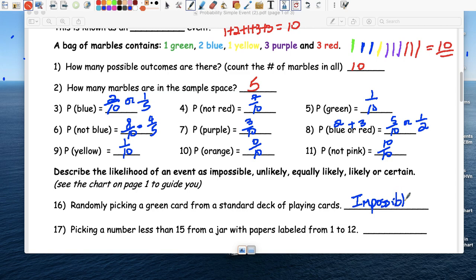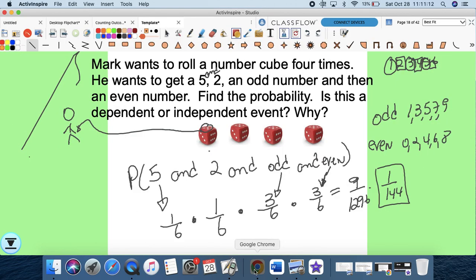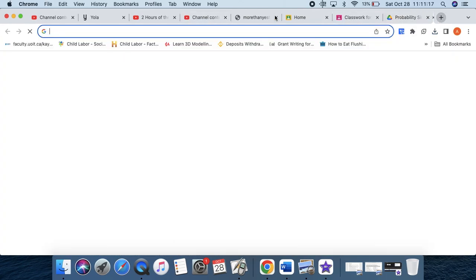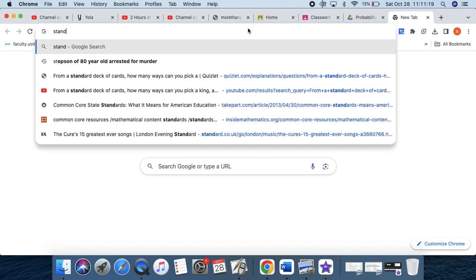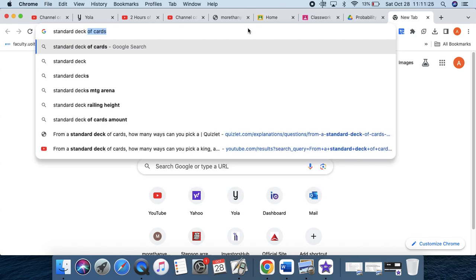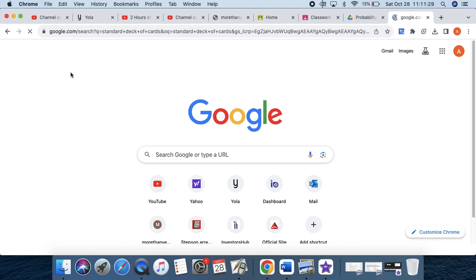So on a standard deck of playing cards, let's see if I can show you. Standard deck of cards. Images.